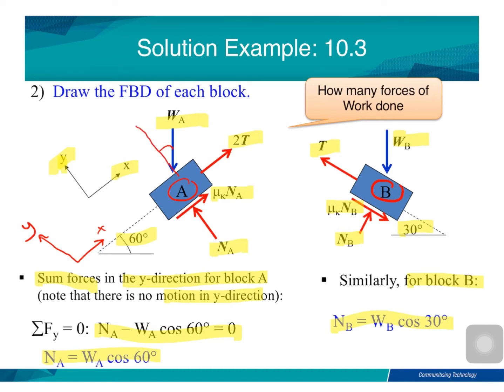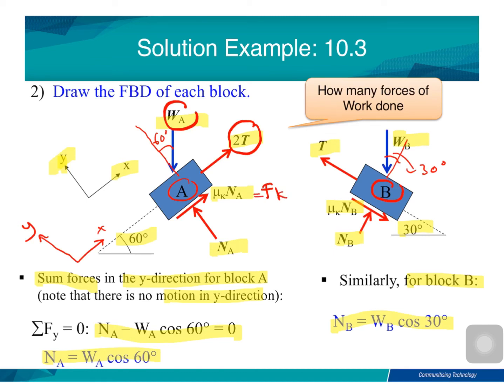So this is 60, and this is 30 degrees. This is the tension 2T, and this is the weight. And because of the sliding on the rough surface, we have the FK here.